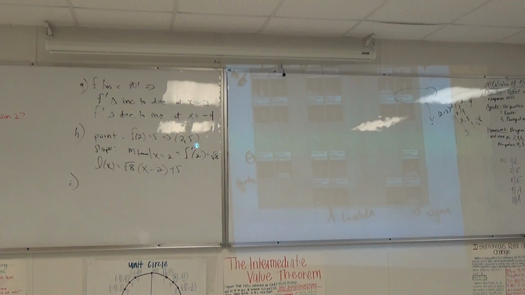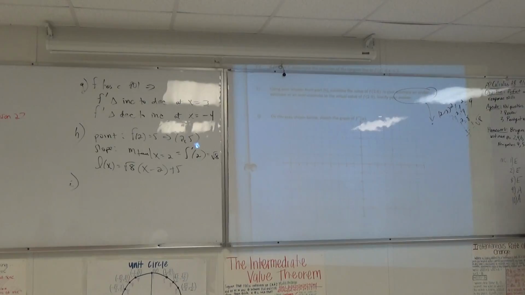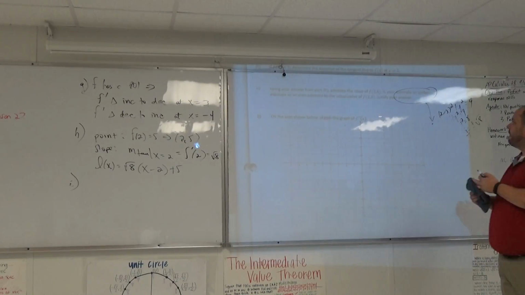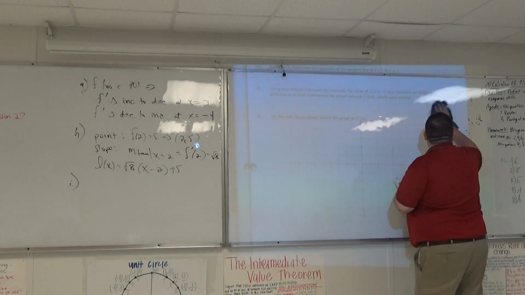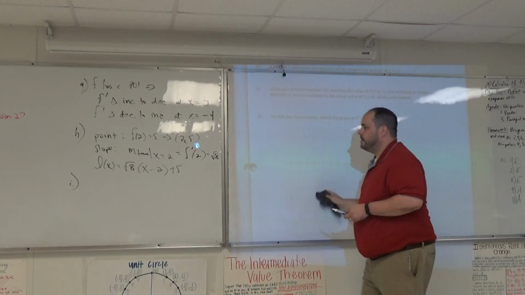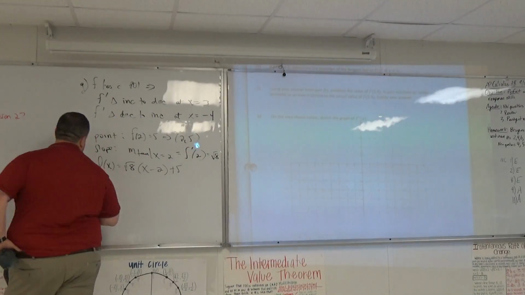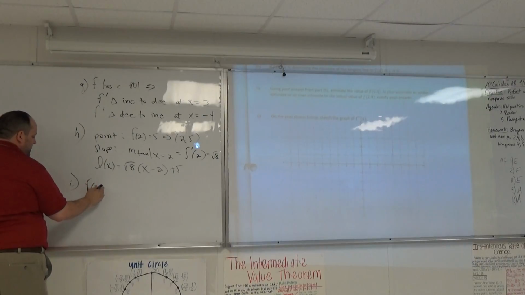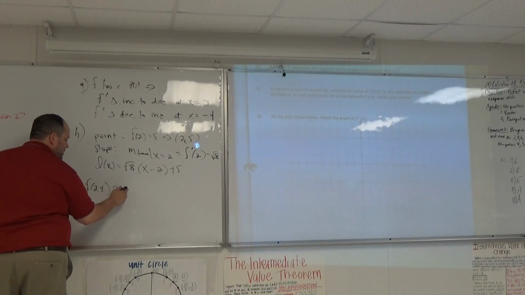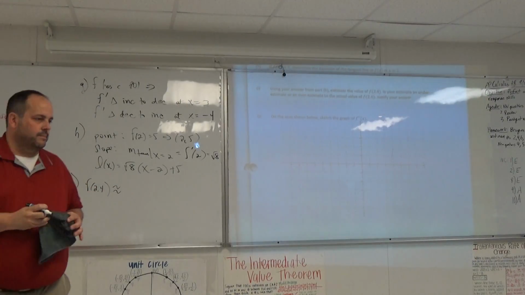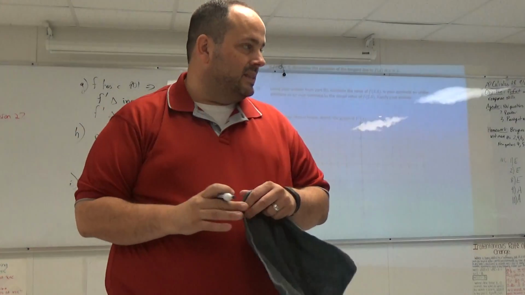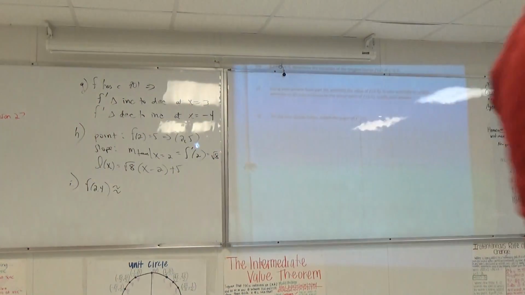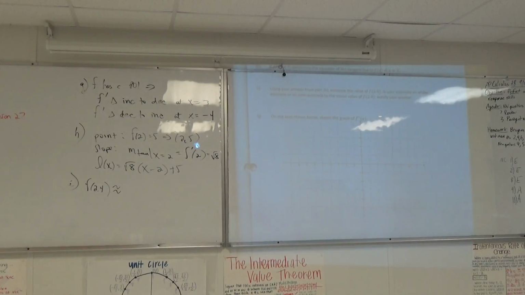Using your answer from part H, estimate the value of f of 2.4. I want an approximation for f of 2.4. And don't do anything crazy. I don't need anybody to simplify. I just need an approximation.